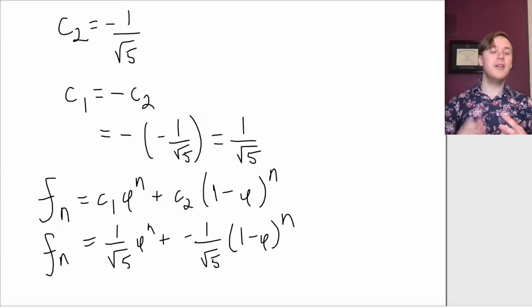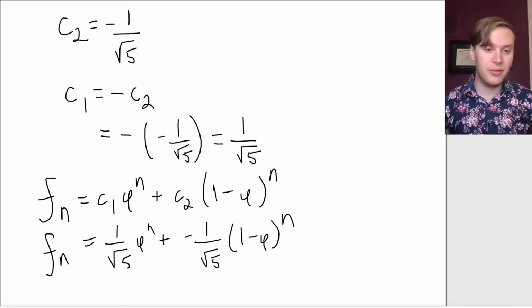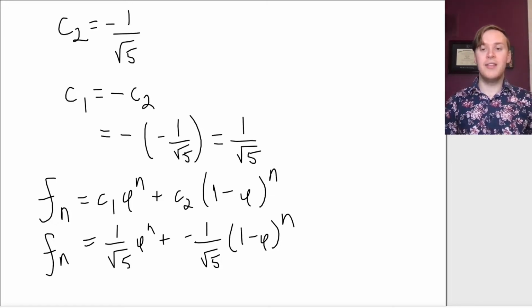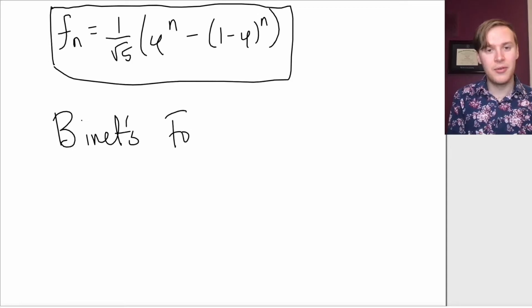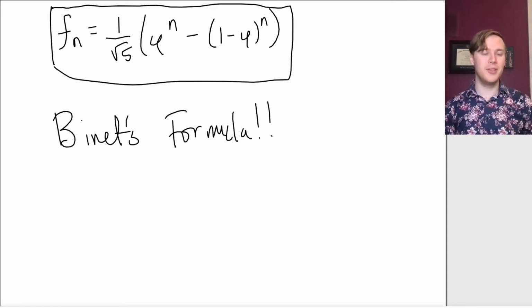Now, if we factor out 1 over square root of 5, this, my lovely, wonderful friends, is Binet's formula. We did it. This is Binet's formula.